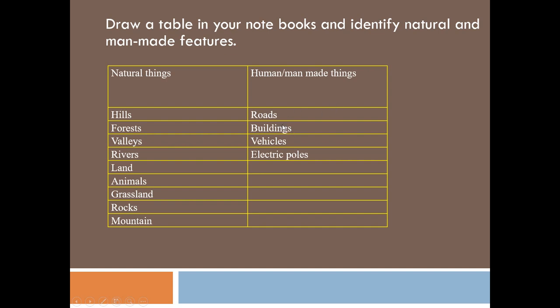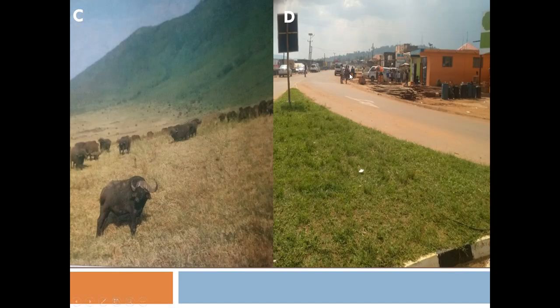Then for the human things or the man-made things, from our photographs we see roads. Photograph D, there is a road there. In photograph A, we looked at a road. In photograph C, there is a road. Then there are buildings, especially in photograph B and photograph C. Then there are vehicles, which you have also seen in photograph B and D. Photograph C, photograph D has the vehicles, it has the buildings, it has the electric poles, which you are going to identify.